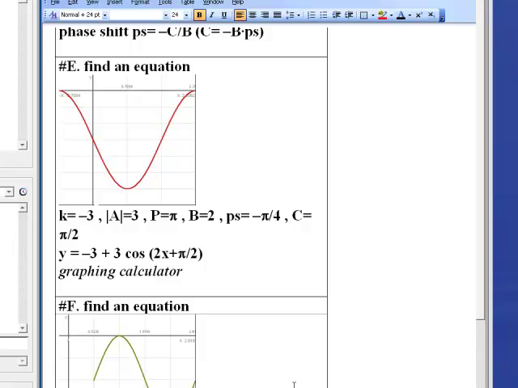So it's going to be negative pi over 2. So we have negative 2 plus 2 sine 3x minus pi over 2. Okay, and we graph these two, and then I believe I'm done with the problem section.